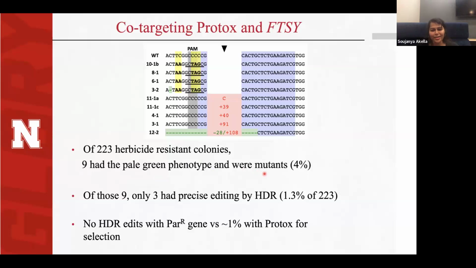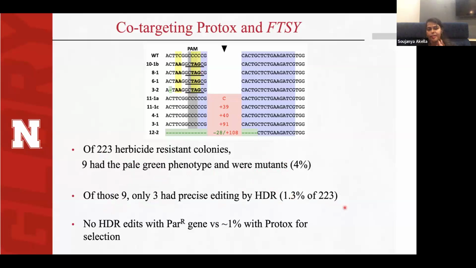I know that doesn't sound like a lot, but transforming Chlamy and getting site-directed edits to specific sites can be a pain. So this is not a huge number of colonies to screen, honestly, even though that number seems really low. And of the 9 that had edits, only 3 had precise editing by HDR.